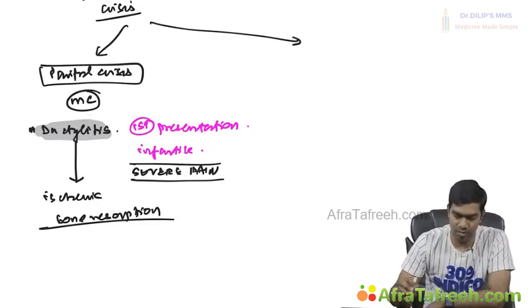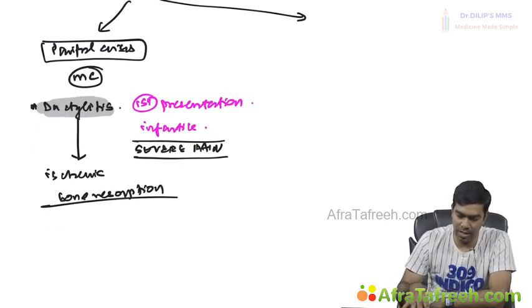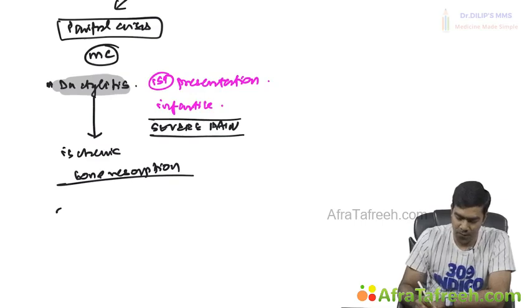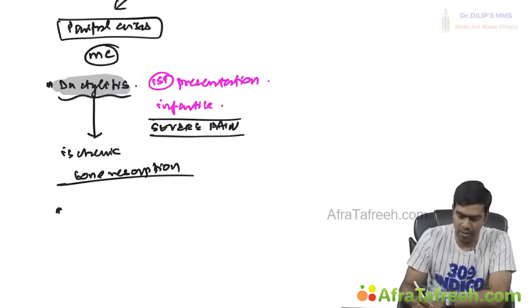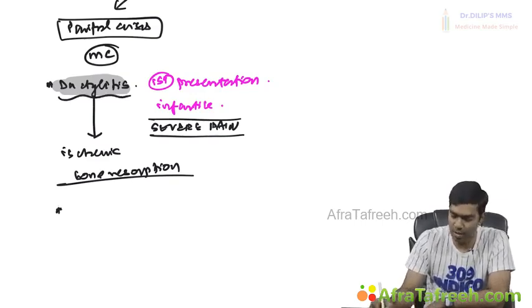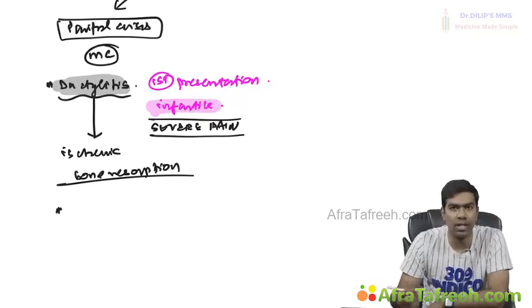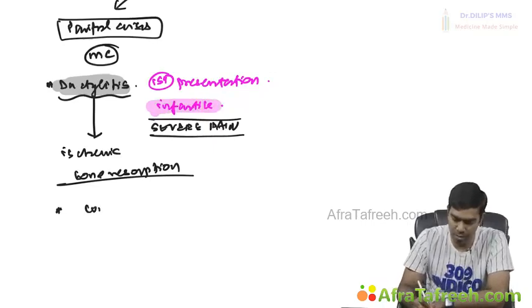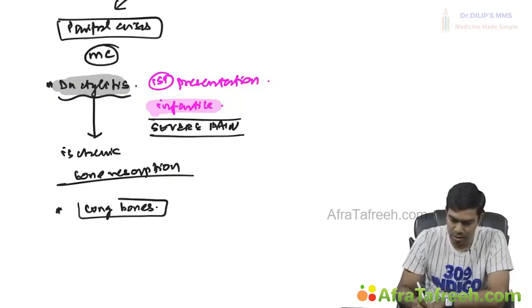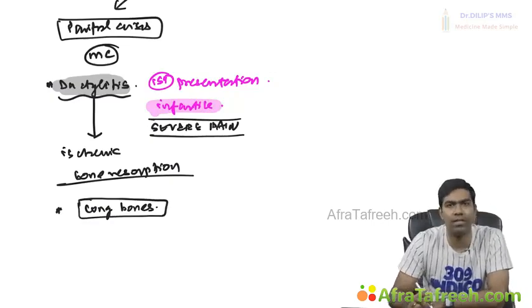And I told you, the first site to be affected, even though dactylitis is common in the older children. Suppose if you ask me, this dactylitis is very common in the infantile age group only. But older children typically have problems with long bones, especially your hips, shoulders, vertebra.